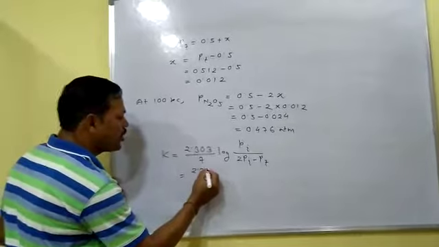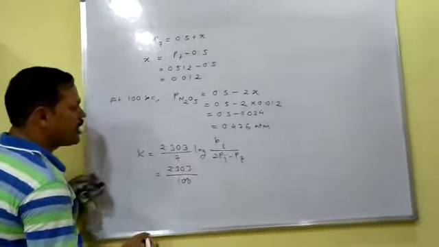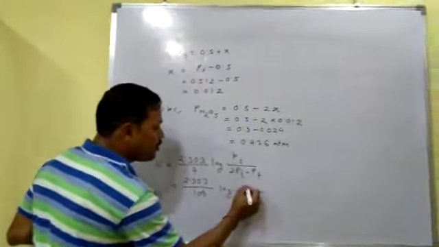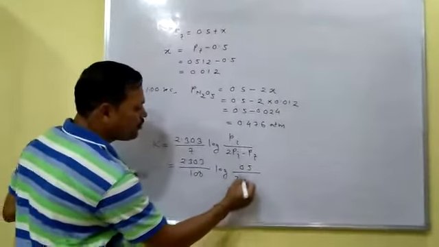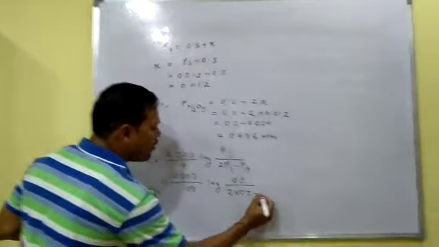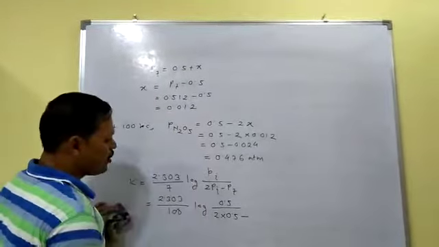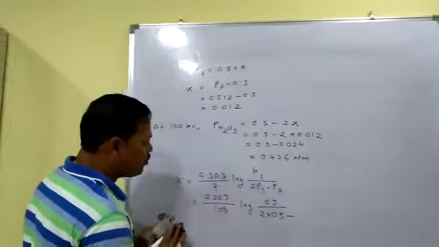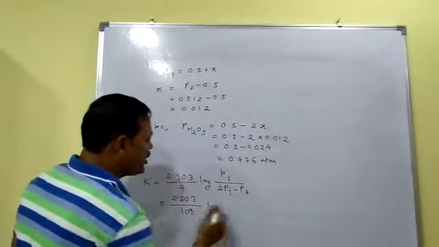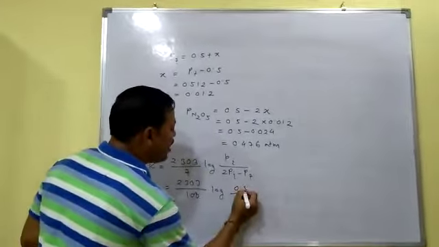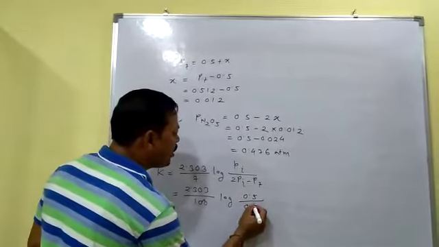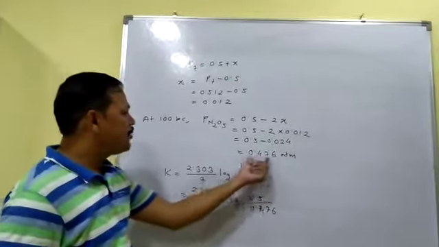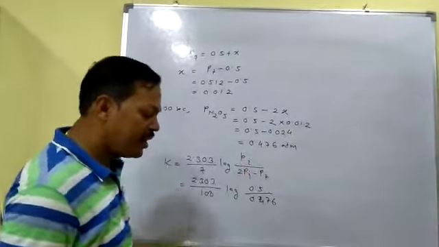So K is equal to 2.303 divided by the time, 100 seconds, log of the initial pressure, which was given as 0.5, divided by the present pressure. Directly I put the value: the initial pressure is 0.5 and the present pressure is 0.476.